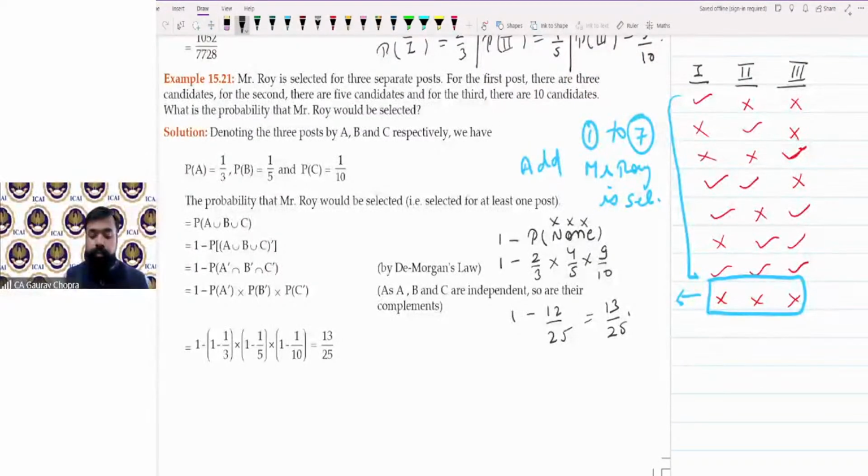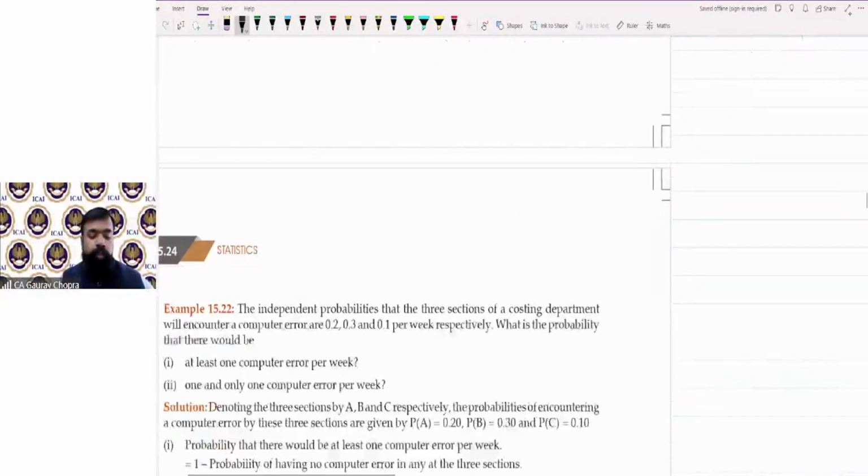This will become the final answer. So in this way, you can easily solve by using the shortcut method.